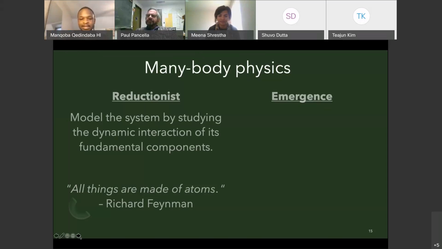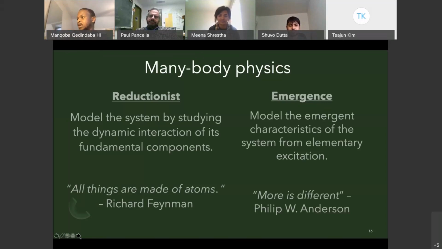It turns out that it doesn't work in all cases. I will tell you what the emergent approach says. It says you don't necessarily have to model the dynamics based on its fundamental constituents. You can look at the emergent phenomena, and that's based on elementary excitation.